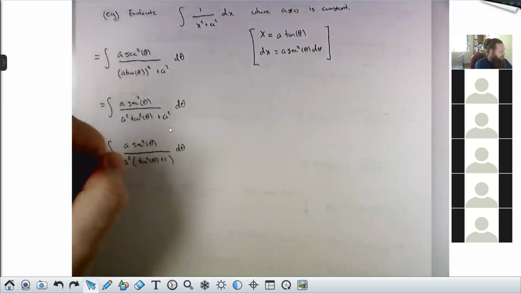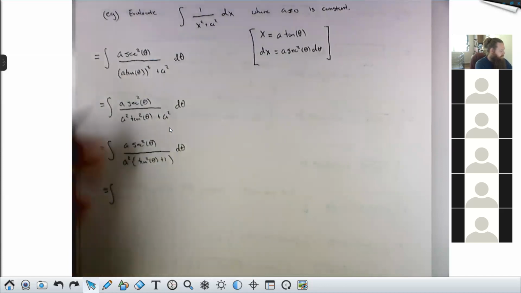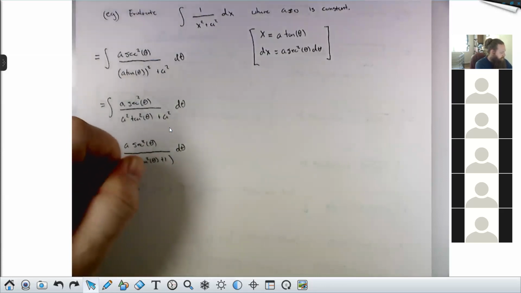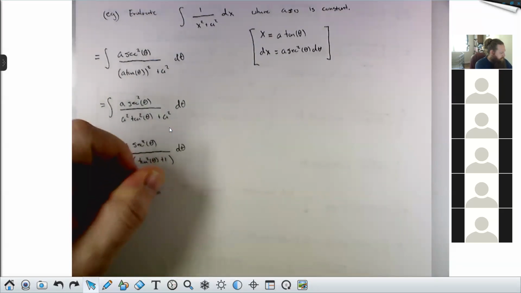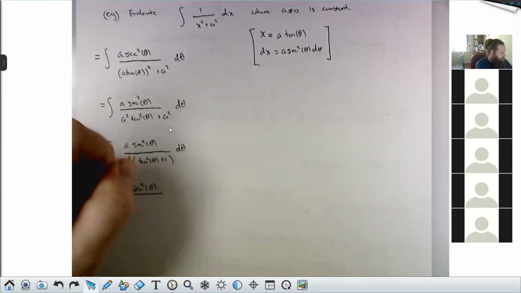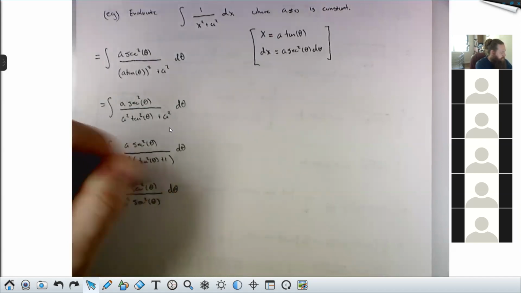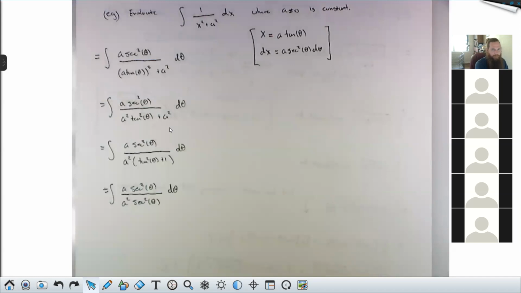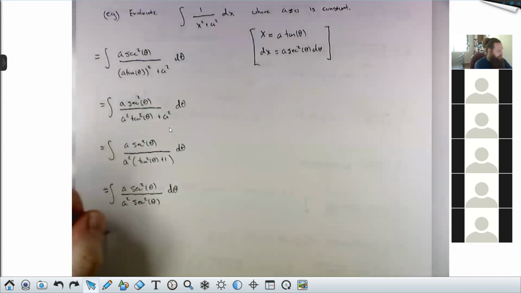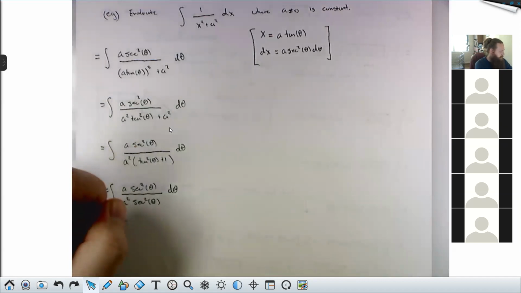And tan squared theta plus 1, now I've got a, I'll leave it like this for now, a secant squared theta over a squared. Tan squared theta plus 1 is secant squared theta. So those cancel. a over a squared is 1 over a. So I have 1 over a times the integral of d theta.